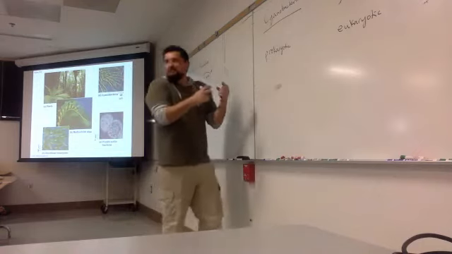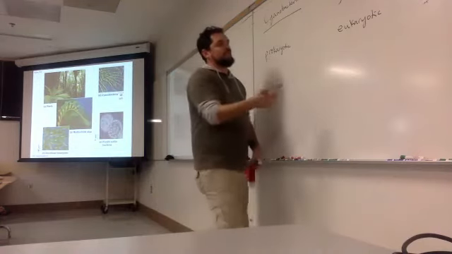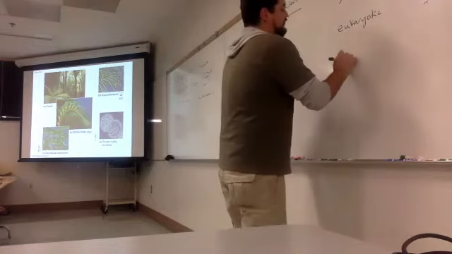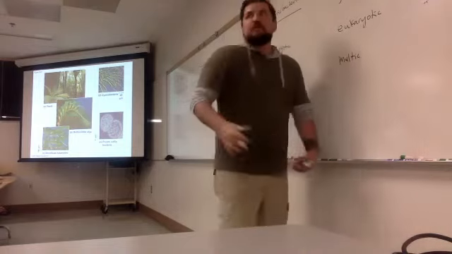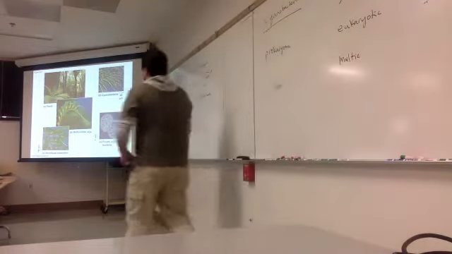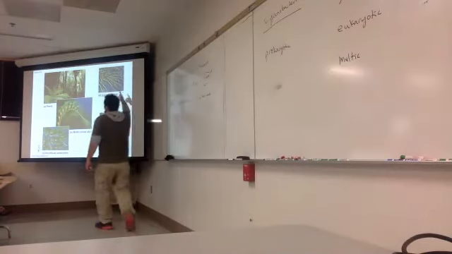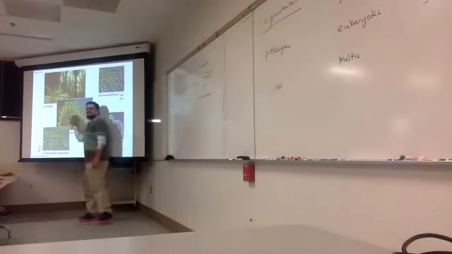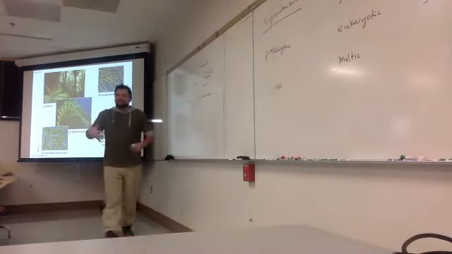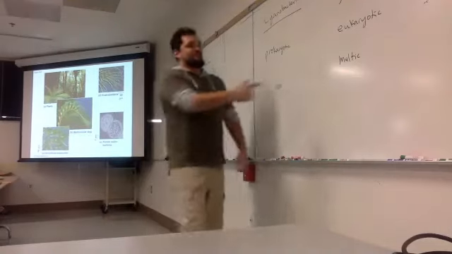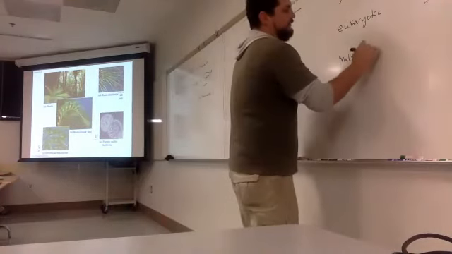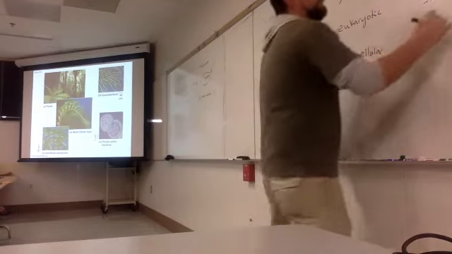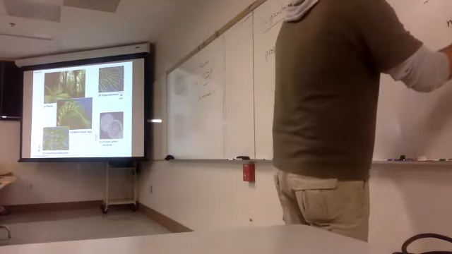So they're kind of multicellular, but not like these, which are really multicellular. You have to see those under a microscope, while this you can see and it doesn't look like just one cell. So this is eukaryotic multicellular, and these of course are multicellular.